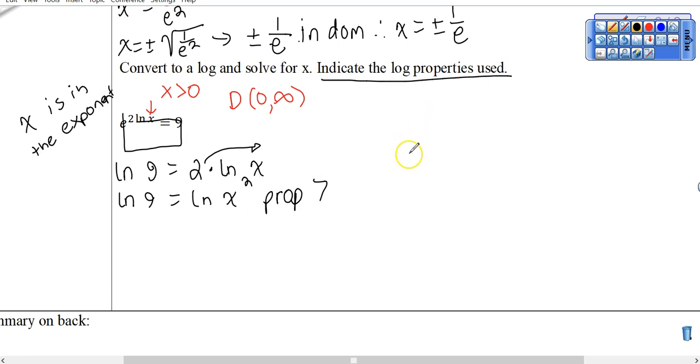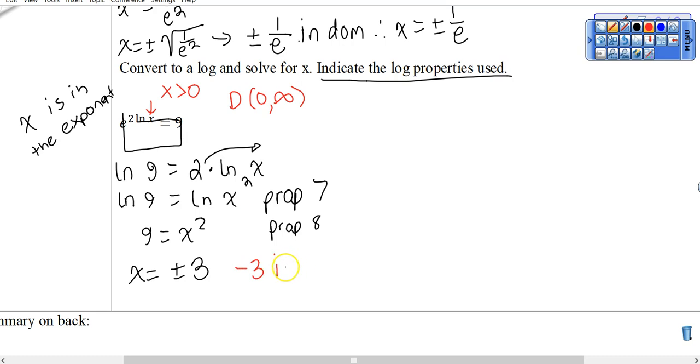Now, can I employ property 8? I can. If the logs are equal, then the numbers are the same. Square root both sides. x equals plus or minus 3. Then we check our solutions. What do you think?